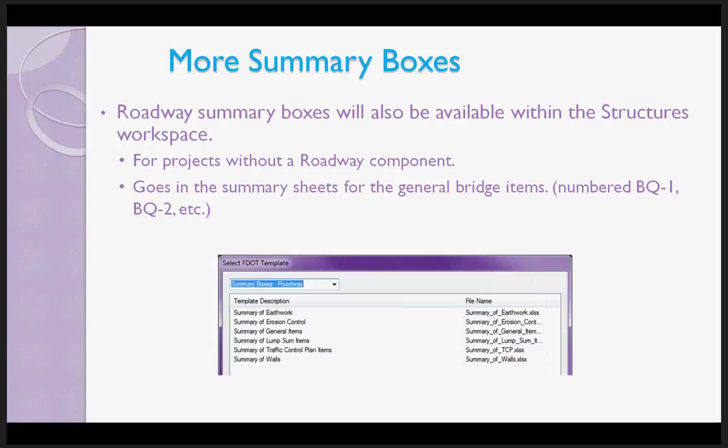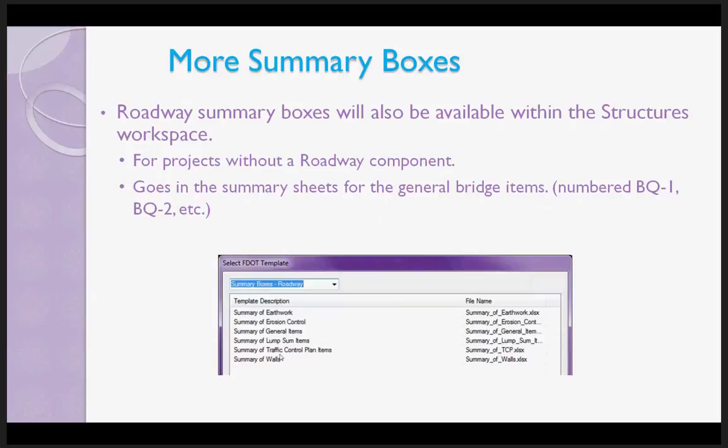Basically what I've done is set the settings file up such that if you're in the structures workspace and you need some of those roadway summary boxes, and these are the ones that I could think of, if you need more than this, please let me know. You don't have to go into the roadway workspace in order to get these other boxes.